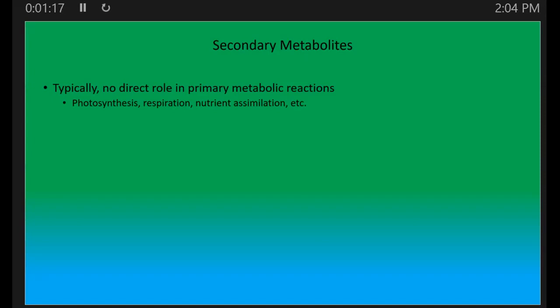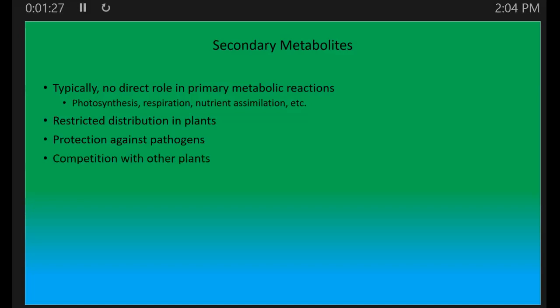Secondary metabolites usually have a restricted distribution in the plants, and they're being used against pathogens and pests and herbivores. They also use it with their ability to compete with other nearby plants. So the fancy term for that is allelopathy, and that is where one plant can produce a chemical to inhibit the growth of a neighboring plant.